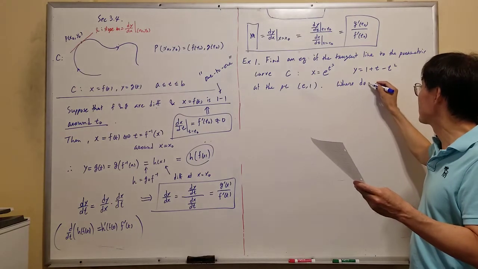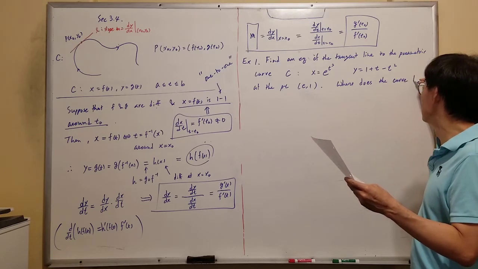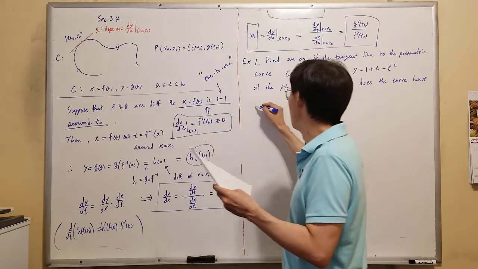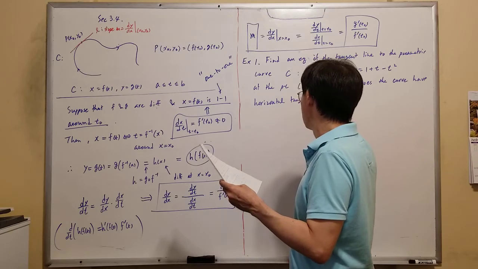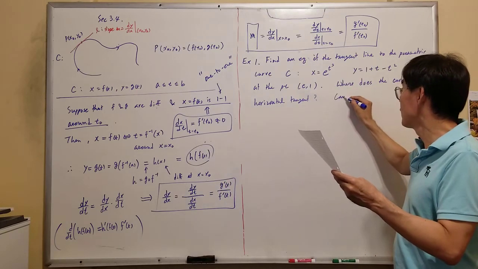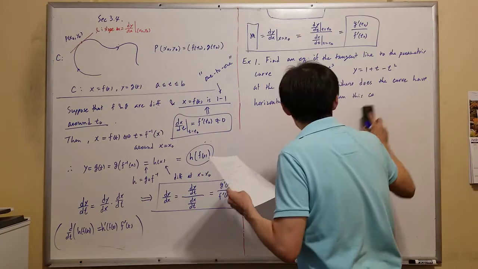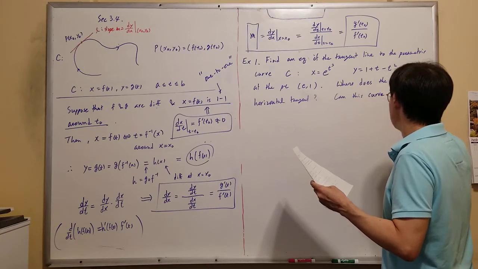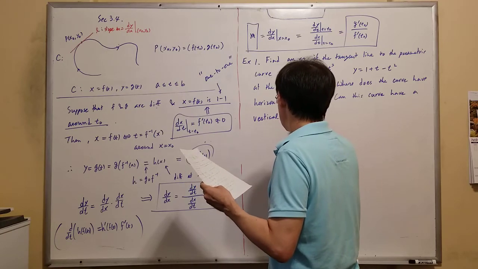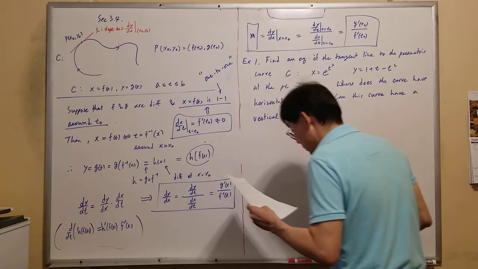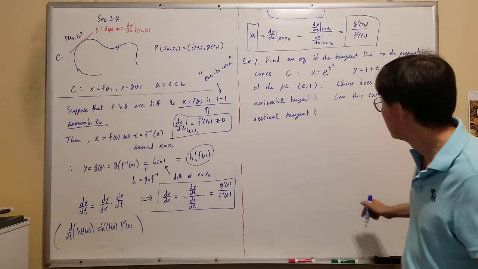And the second part of the question is, where does the curve have a horizontal tangent, and can this curve have a vertical tangent? Okay.